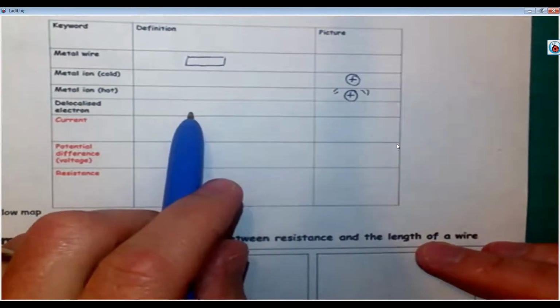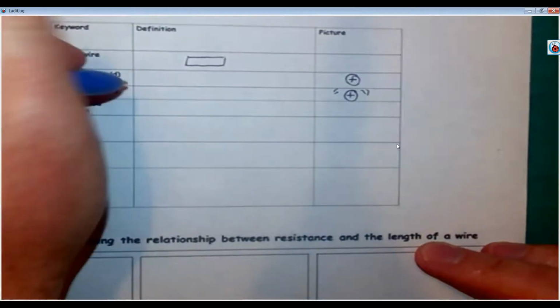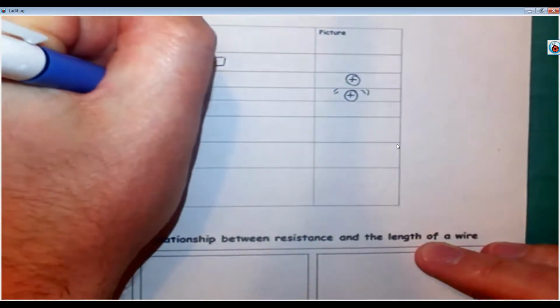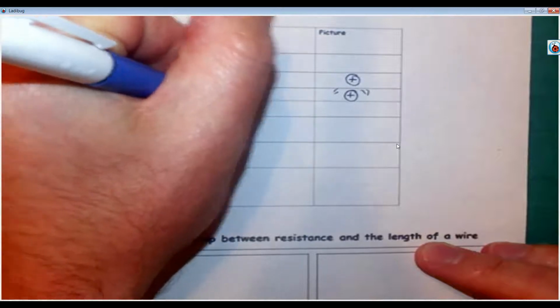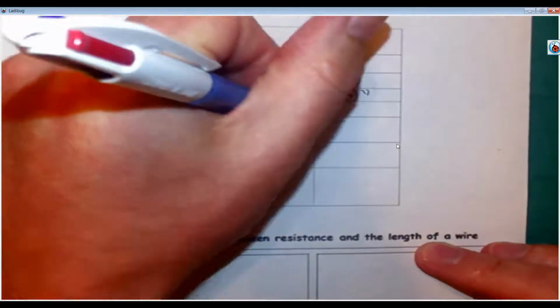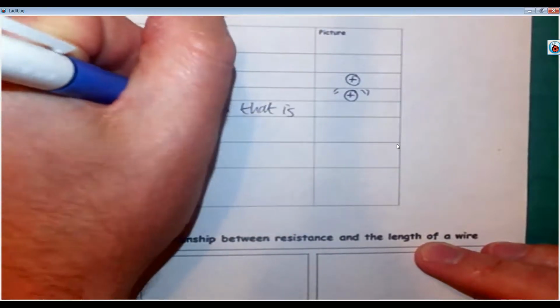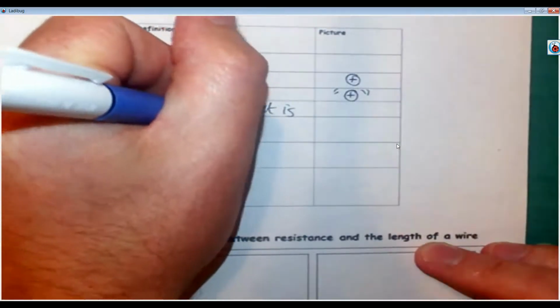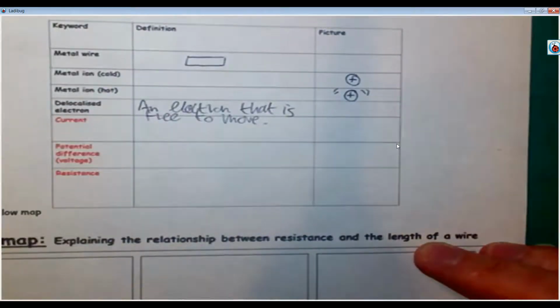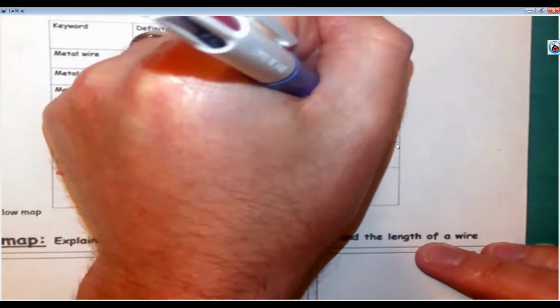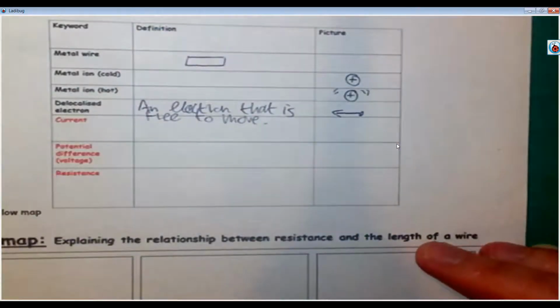Delocalized electron is an electron that is free to move. And it looks a bit like that.